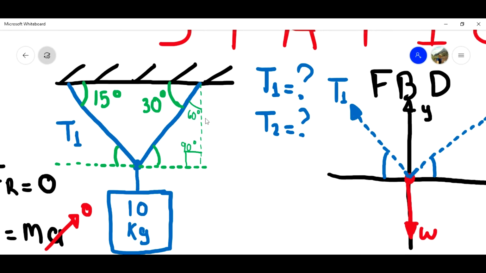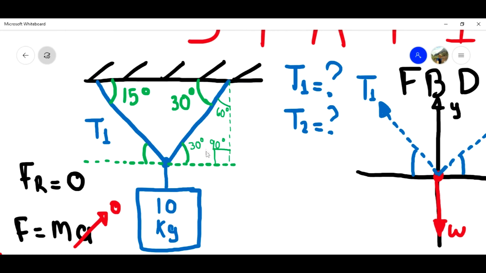Remember that there is a principle about triangles that says the sum of all the interior angles in a triangle is 180. So I got 90 plus 60 is 150, so I need 30 degrees in order to complete 180 degrees. This is one way to do it.